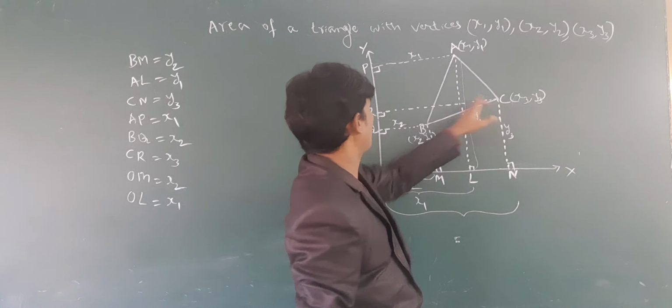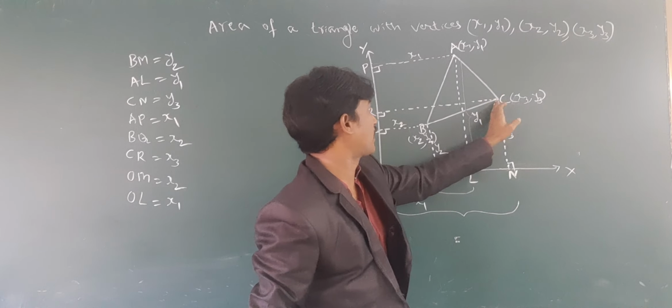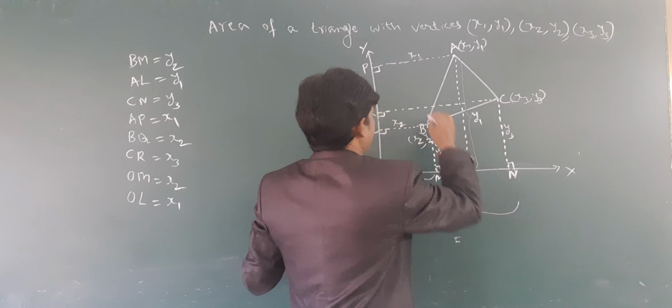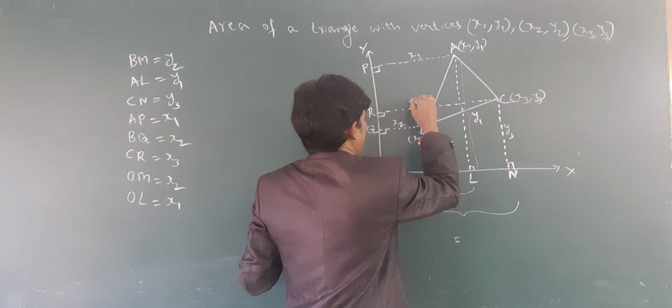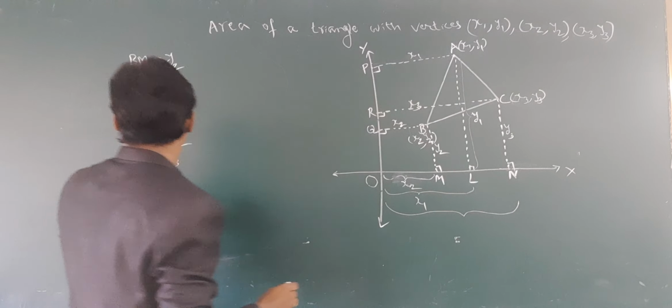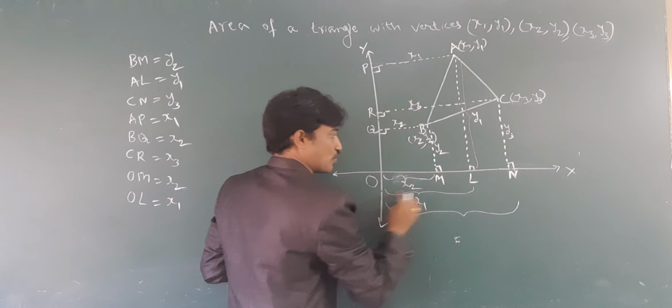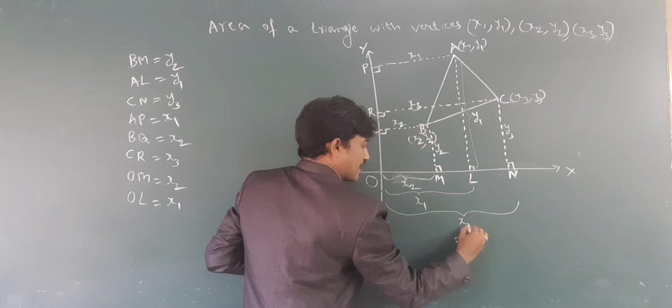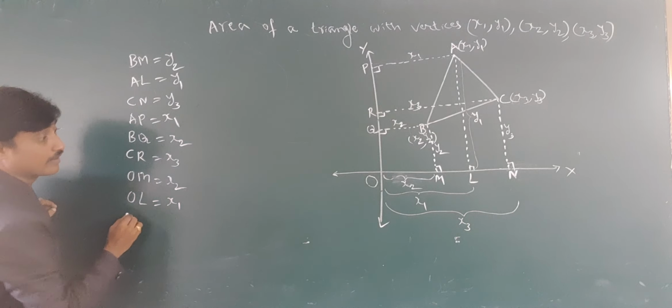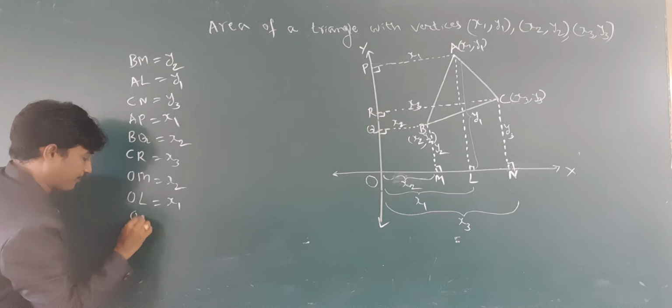The distance from C to R, the distance from the y-axis to the point, is x3. So CR is x3, and therefore ON is x3.